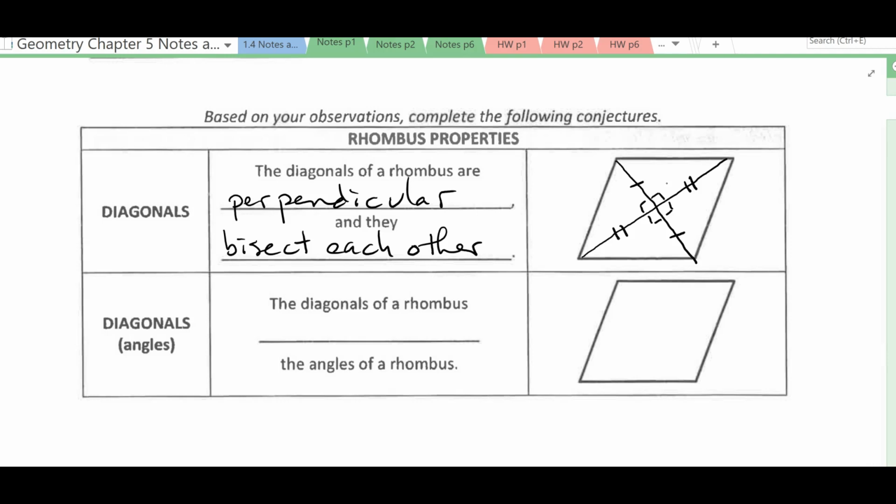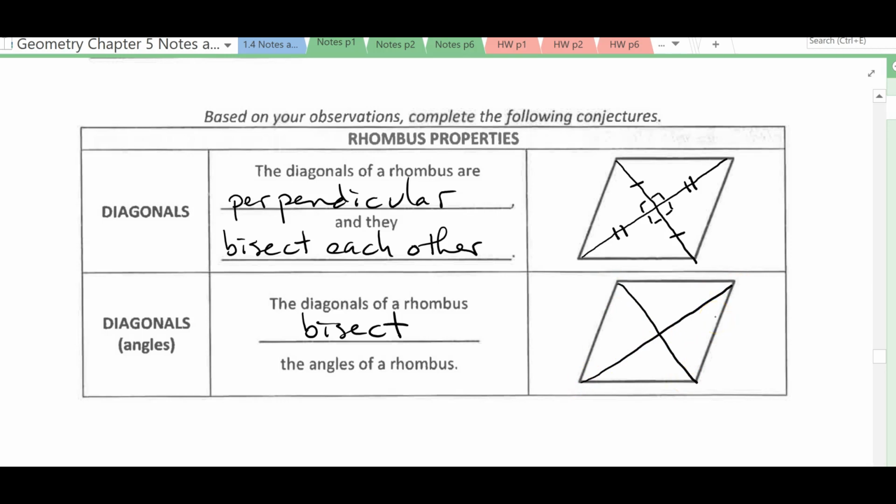Alright, and then a little more on the diagonals. So let's draw in the 2 diagonals here. The diagonals of a rhombus bisect the angles of a rhombus. So since it's a parallelogram, we already know that the opposite angles are congruent. Now, this is not true of just any parallelogram.